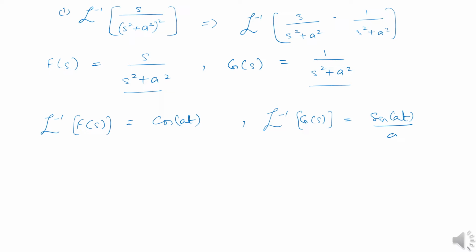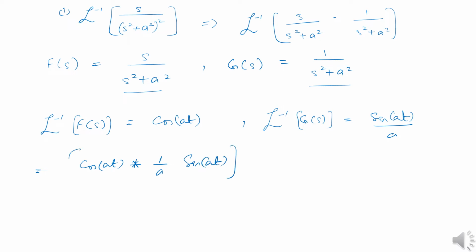So now we are approaching the conclusion. Now I can write these functions as the convolution of cos a t with 1 over a sine a t.